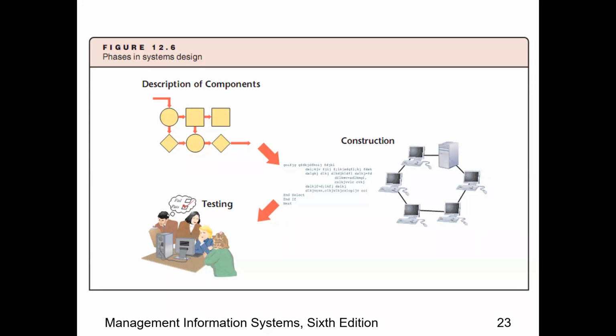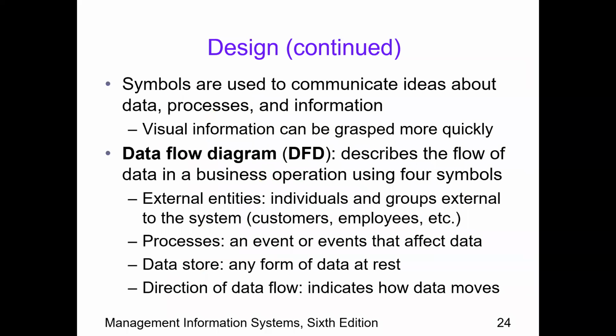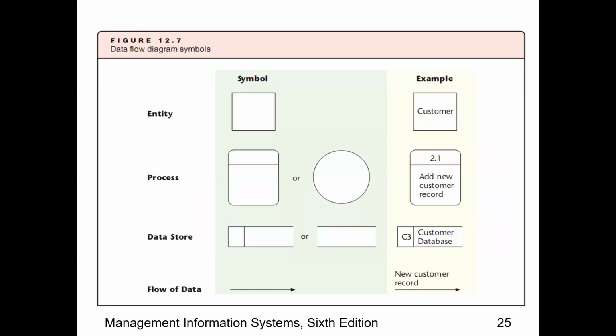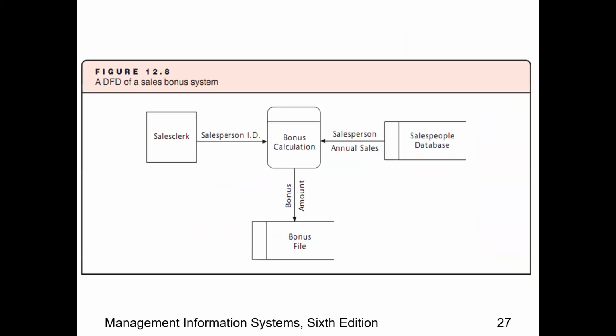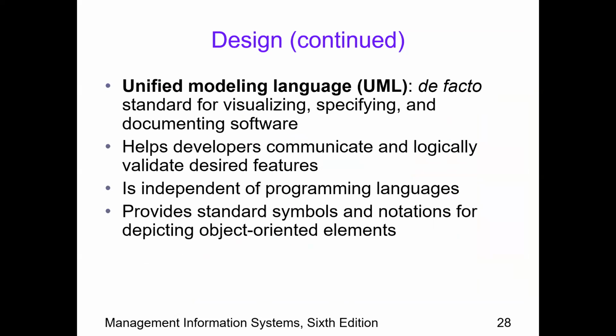The programmer will look at that and develop a flow chart, and then from there he does the coding, which is the construction. From there he tests it, just with a smaller group. So this is how a flow chart will look.